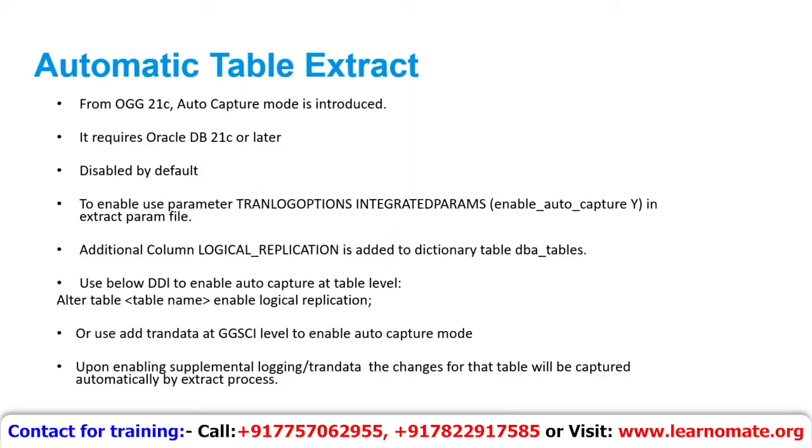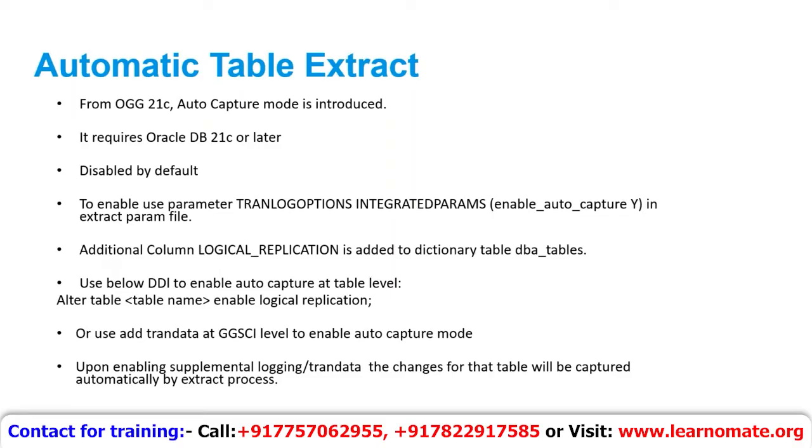It is disabled by default. To enable automatic table extract, you have to use the parameter TRANLOGOPTIONS INTEGRATEDPARAMS (ENABLE_AUTO_CAPTURE Y) in the extract parameter file. By default, it is ENABLE_AUTO_CAPTURE N.